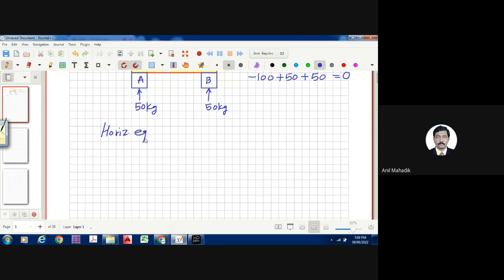Horizontal equilibrium. So let's say there are two people, and they are pulling a rope.